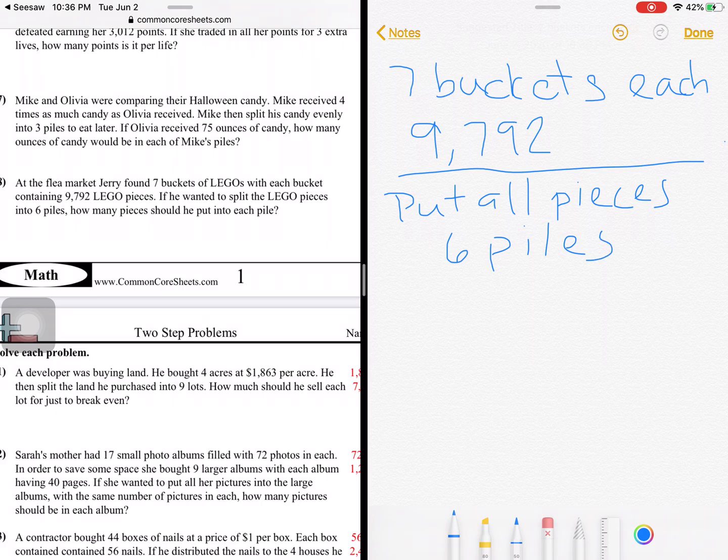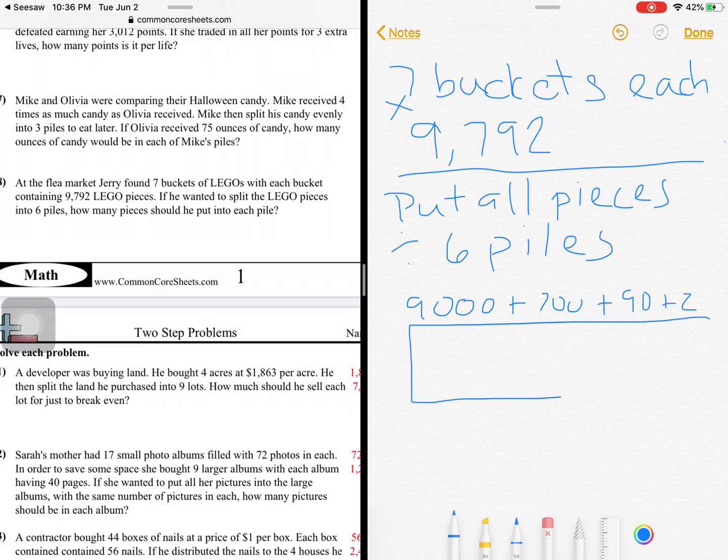So I believe he's multiplying to find out how much he has total, and then dividing to share equally. So I'm going to go 9,000 plus 700 plus 90 plus 2, and I'm going to times it by the 7 buckets.